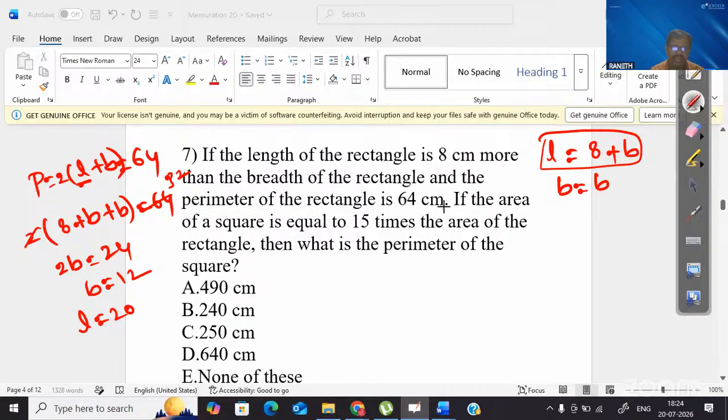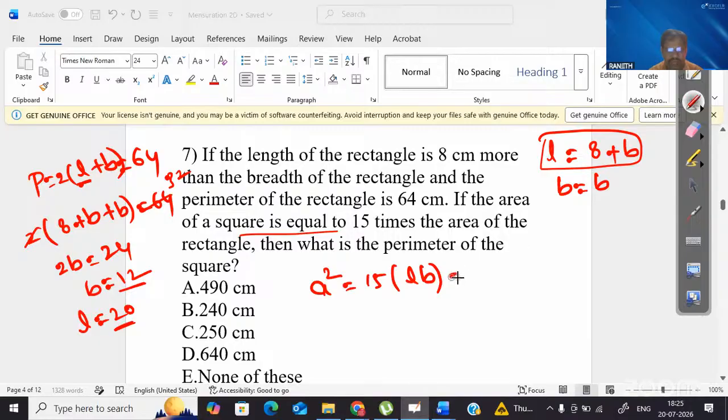L equals 20. What is the area of the square? The area of the square is equal to 15 times the area of the rectangle, that is L into B. What is the L value? 20, B value 12.